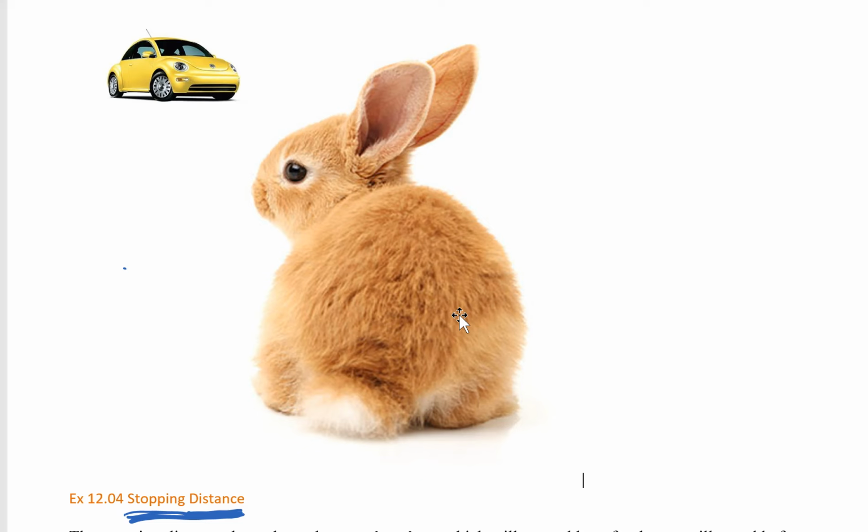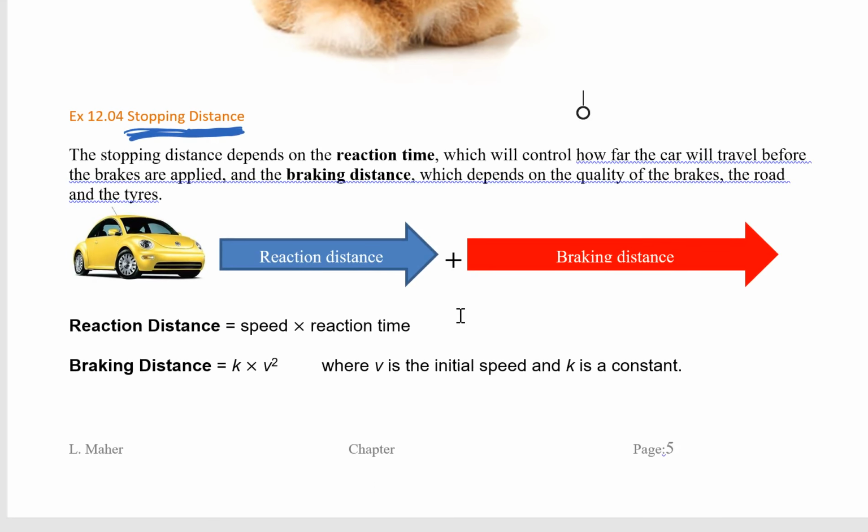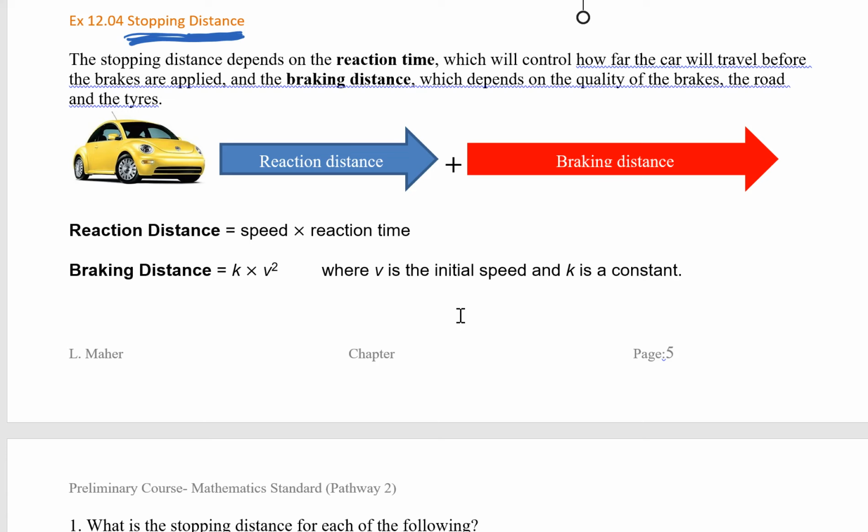And then the car is still going to continue to move and cover a distance until the brakes can effectively stop the car. So I'm sure you can understand this concept of stopping distance having two components, a reaction distance and a braking distance.